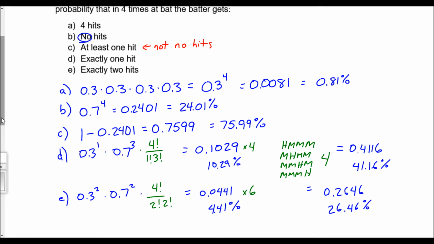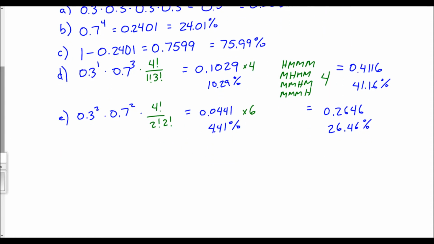Just to finish it off, this is completely alternately, but if we were to go for exactly 3 hits, it'd be the exact same kind of procedure. 0.3 to the power 3 and 0.7 to the power 1, having 4 times at bat, 3 times are hits, 1 time is a miss.